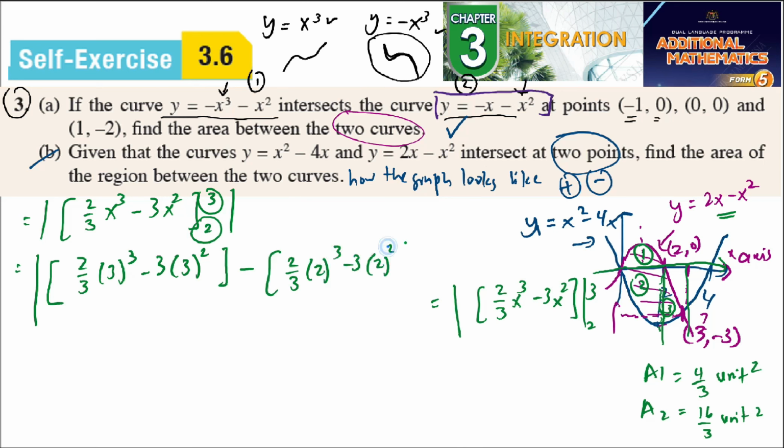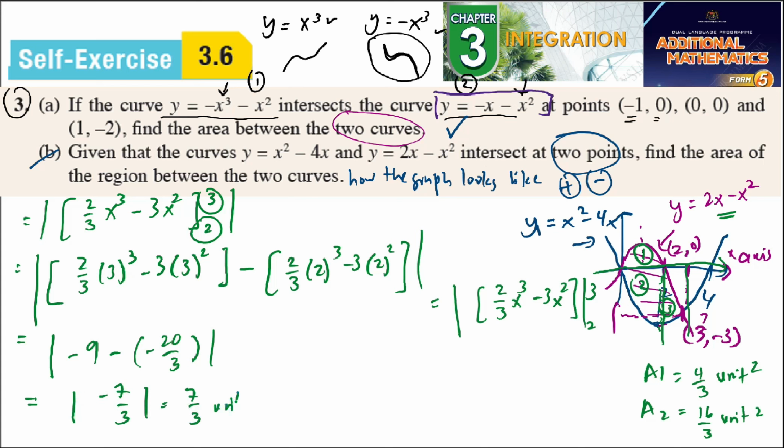Modulus, so here we get modulus negative 9 minus negative 20 over 3. So here we get negative 7 over 3, which is equal to 7 over 3 unit square. So now this is area 3.